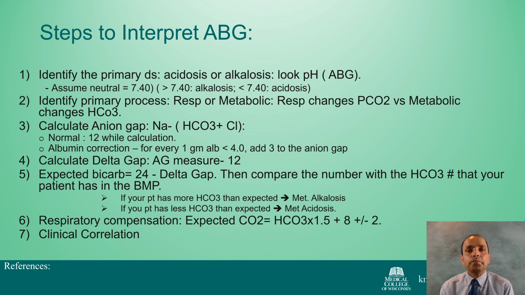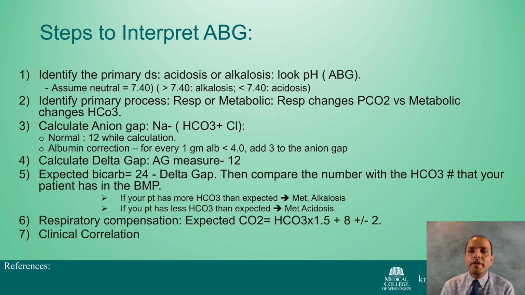So let's say you calculate the expected bicarbonate, and that calculated expected bicarbonate you compare with the BMP bicarbonate. If the BMP bicarbonate is more than the expected bicarbonate, then the patient has metabolic alkalosis.